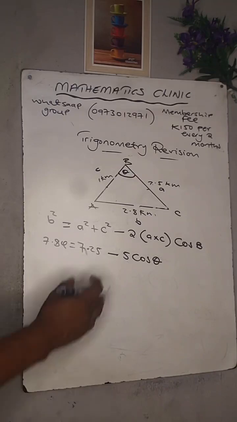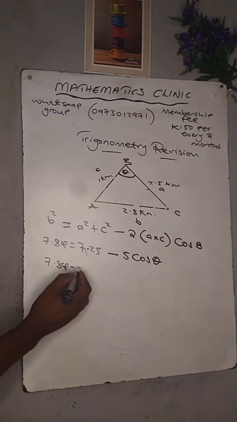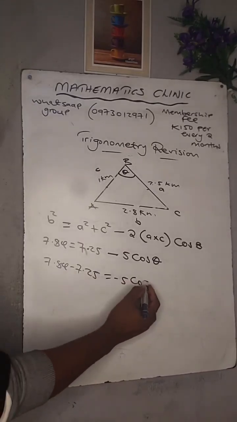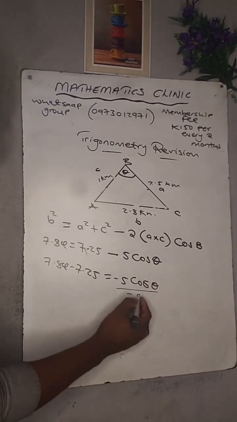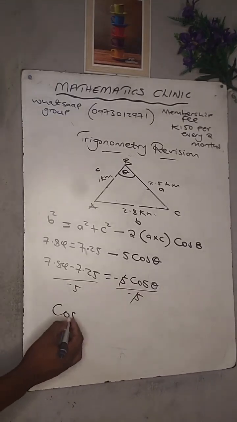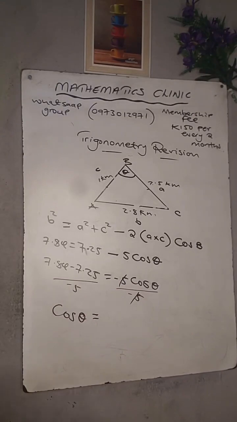Then after that, we take this to the right side. So it will be 7.84 minus 7.25 is equal to negative 5 cos theta. Then we divide both sides by negative 5, so that now our cos theta is equal to, all right? Then we can punch on our calculator.